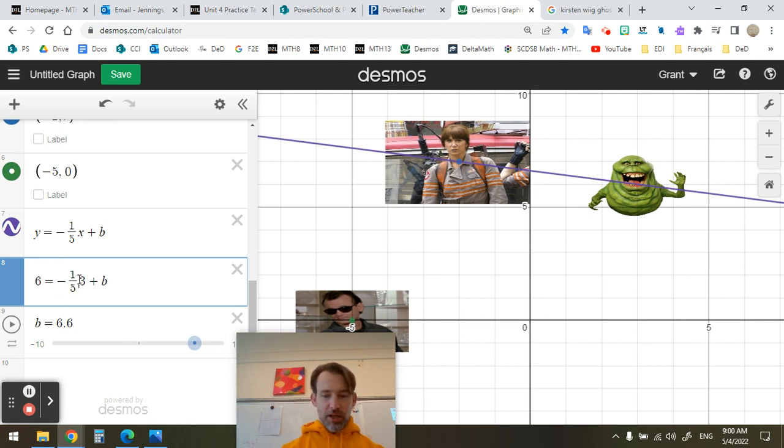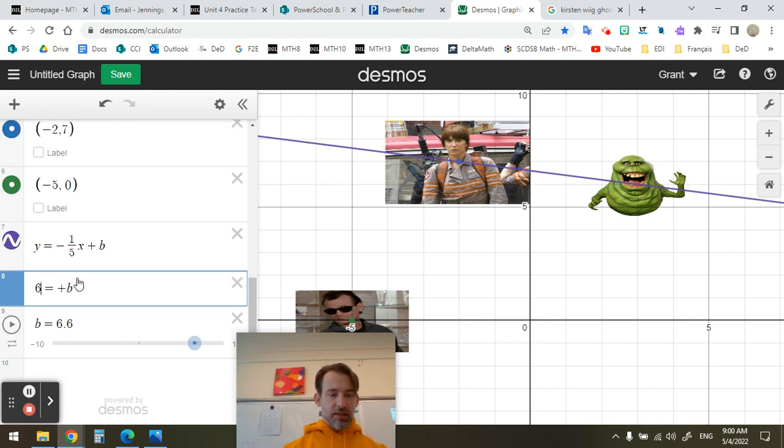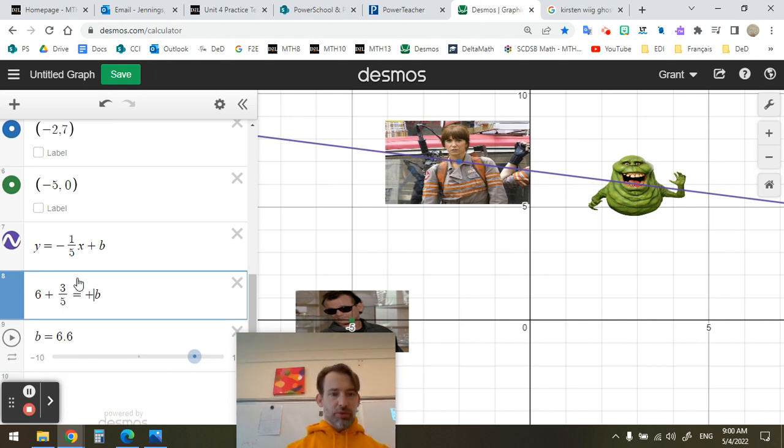-1/5 multiplied by 3, well, that is equal to -3/5. Top times top over bottom times bottom, so that is -3/5. 6 is equal to -3/5 plus some value b. So let's add 3/5 to both sides. 6 plus 3/5 is equal to b. And then we'll find that b is indeed equal to 6.6 because 3 over 5 is 0.6.